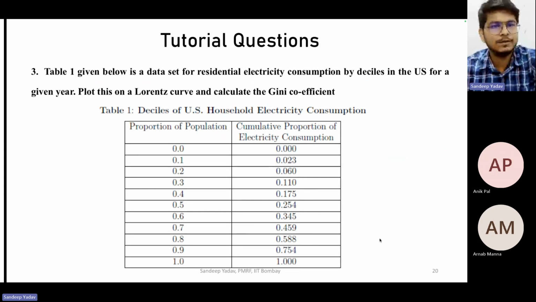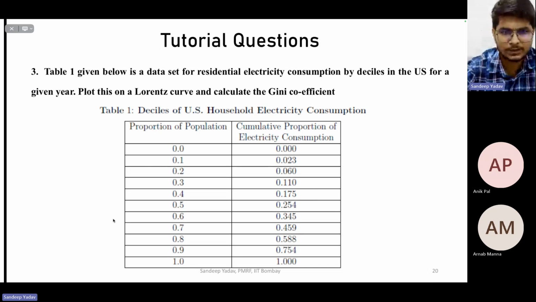Table 1 given below is a data set for the residential electricity consumption by deciles in the US for a given year. Plot a Lorenz curve and calculate the Gini coefficient. So this is the population. Zero population is having zero electricity consumption, and 100% of the population is having 100% of the electricity consumption, in which this whole Lorenz curve is lying.